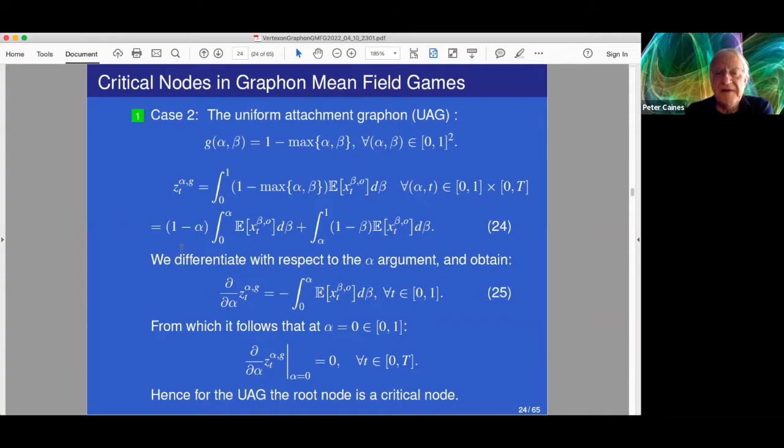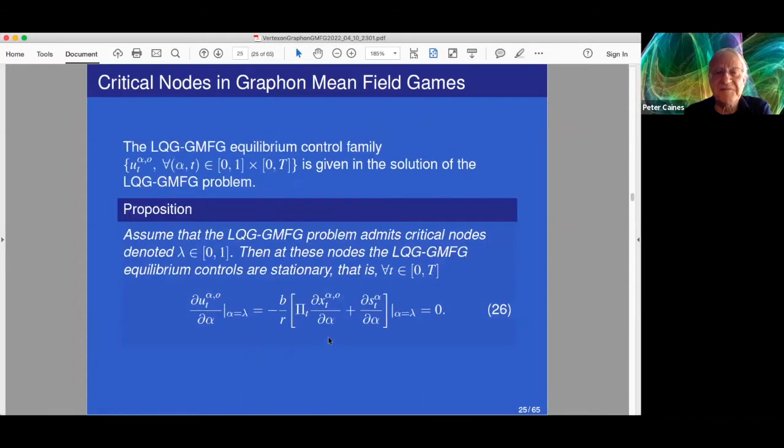So here, differentiating with respect to alpha, you can see that the corner node alpha equals 0 is a critical node. Admittedly that's a boundary node, but it's a well-defined notion: for either the best or worst behavior, you place yourself at the root of a uniform attachment graphon.